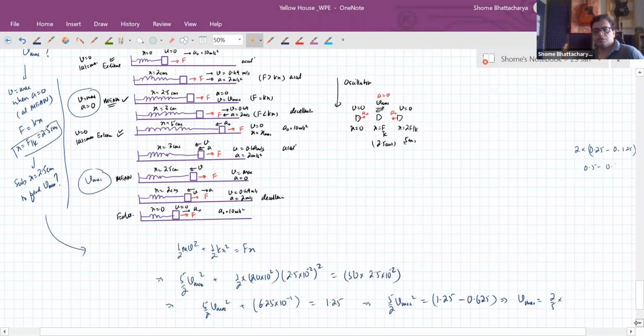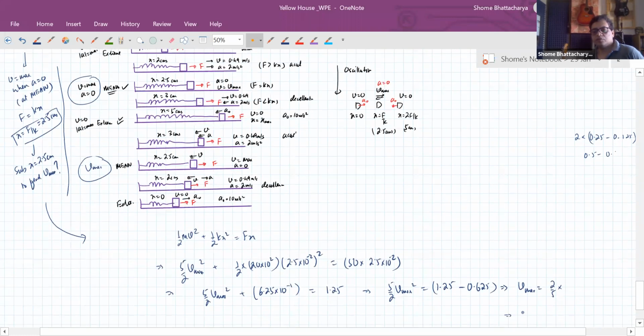Yeah, so I think you should be getting Vmax as 0.5. Just check the calculation. That's what I'm getting.